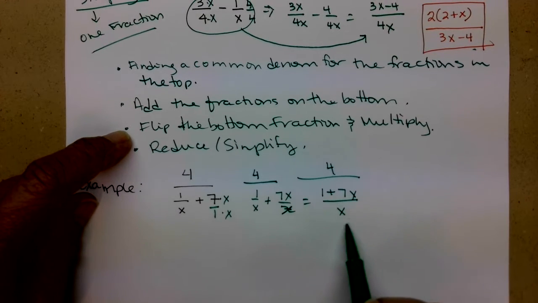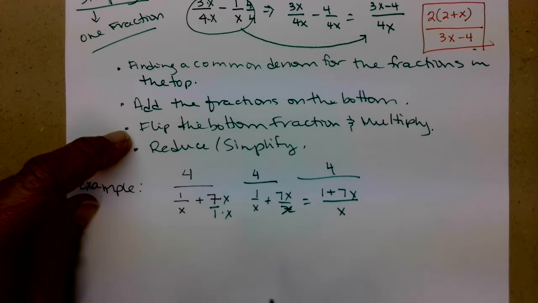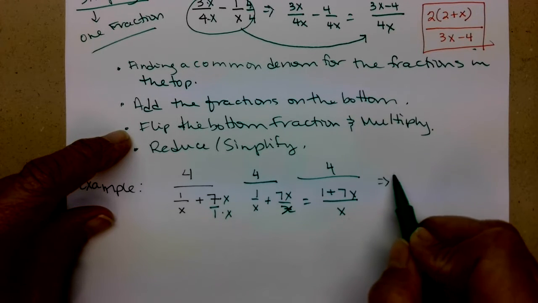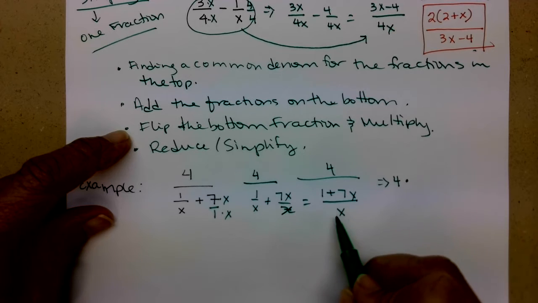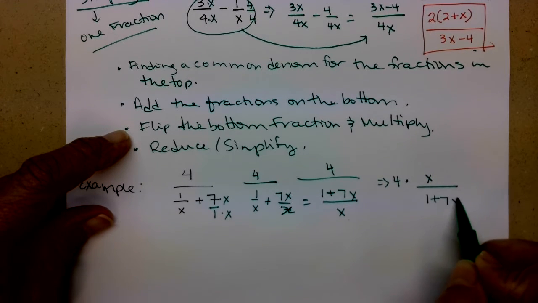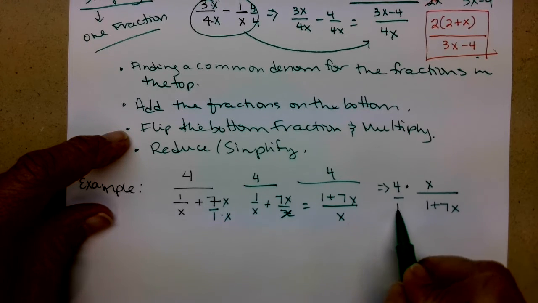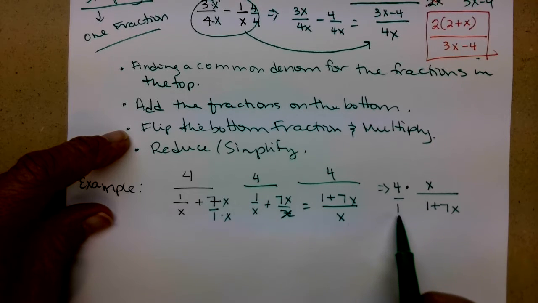We're going to take that bottom fraction, bring it up, flip, and multiply. So I have 4 times the reciprocal of the bottom fraction. So 4 times x over 1 plus 7x. So look for anything that's common. I just stuck a 1 under my 4.